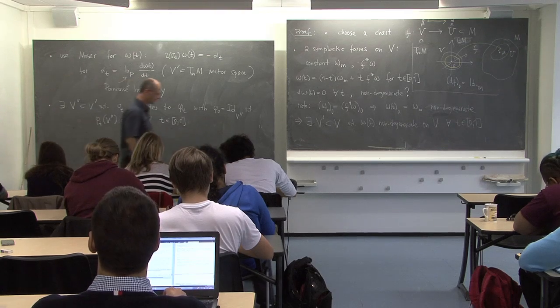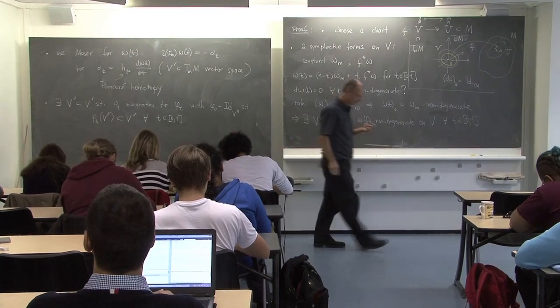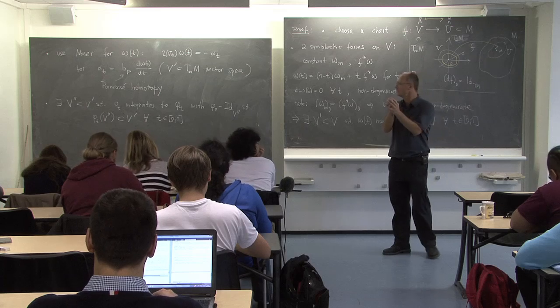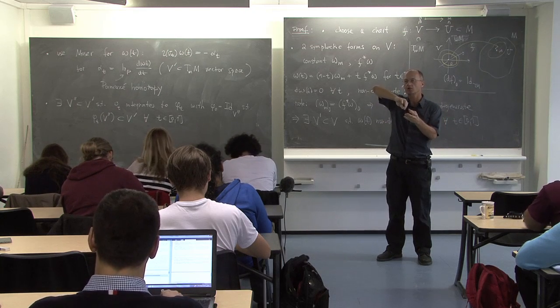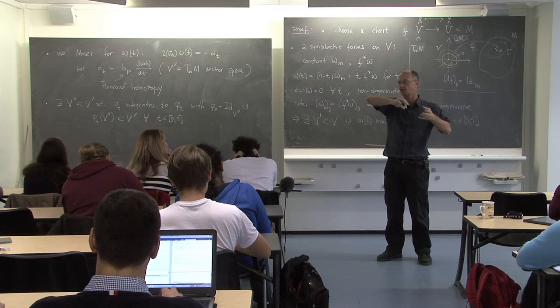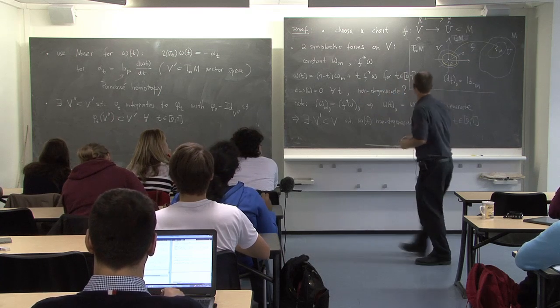So in other words, I choose, if needed, this V prime small enough such that the flow will be well defined and that it doesn't bring you too far away.